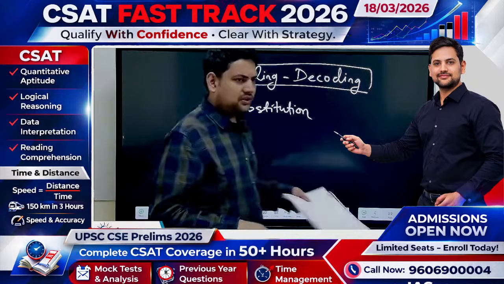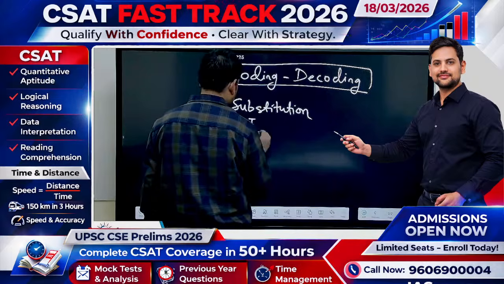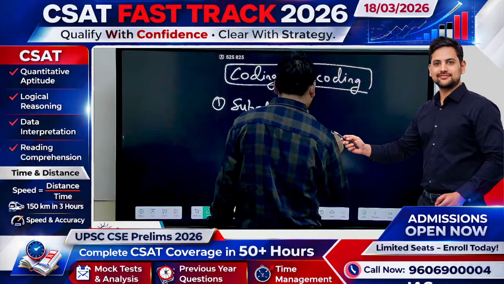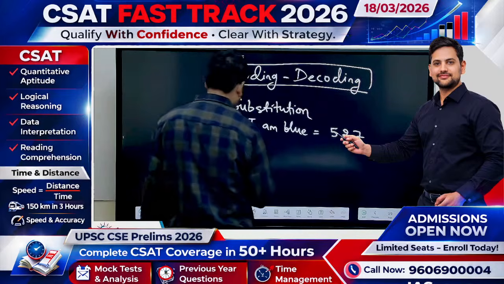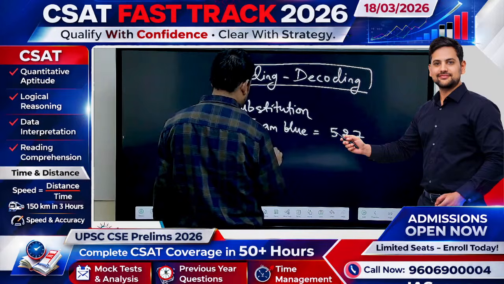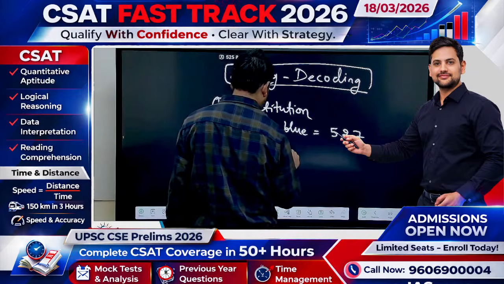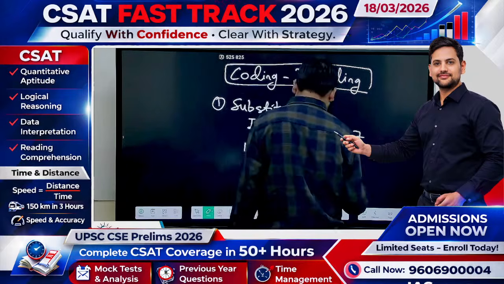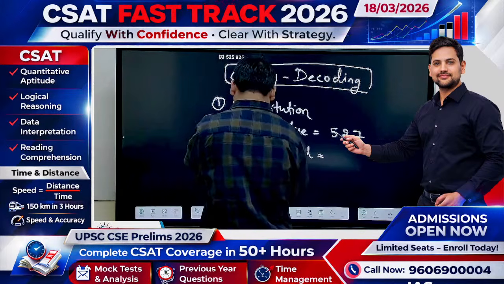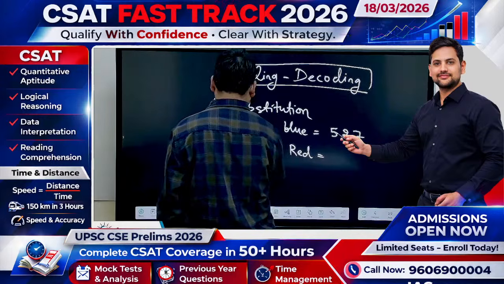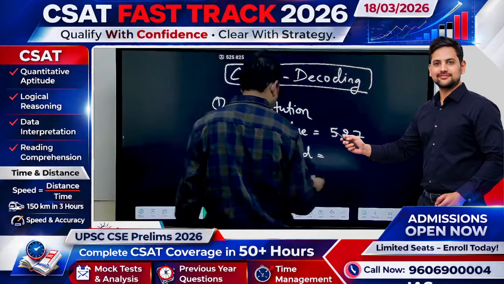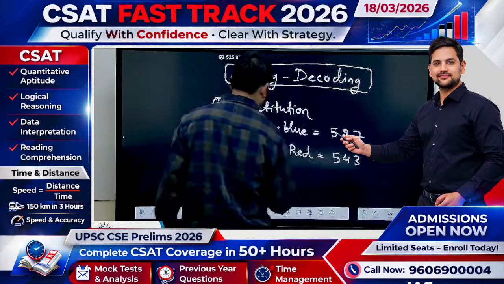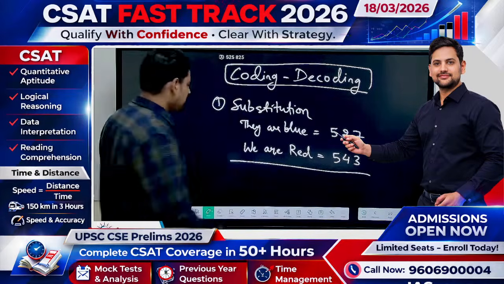One is a substitution based question, like "I am blue" is equal to 5 to 7, "We are red" is written as something, and then they'll ask you some other sentence.